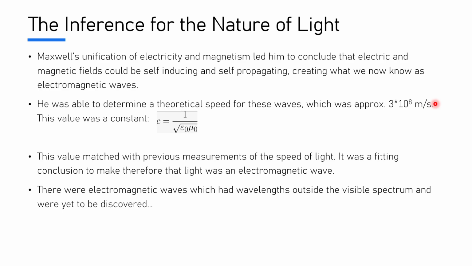So with this match, the clear inference was that these electromagnetic waves he was theoretically coming up with matched the known waves of light. And beyond that, there were other electromagnetic waves beyond the visible light spectrum or any other known type of light wave, which also existed or could exist and were yet to be discovered.